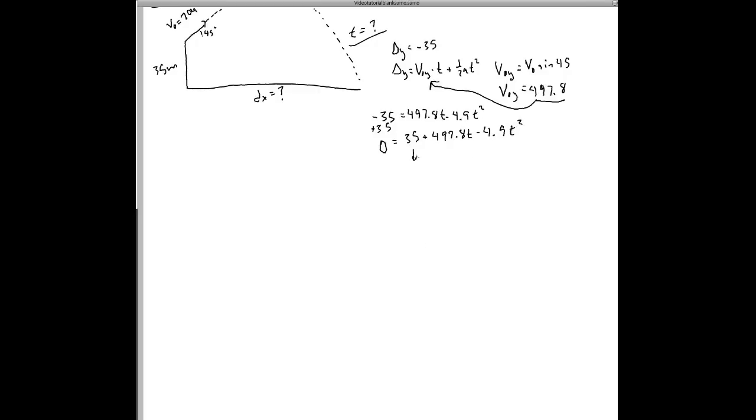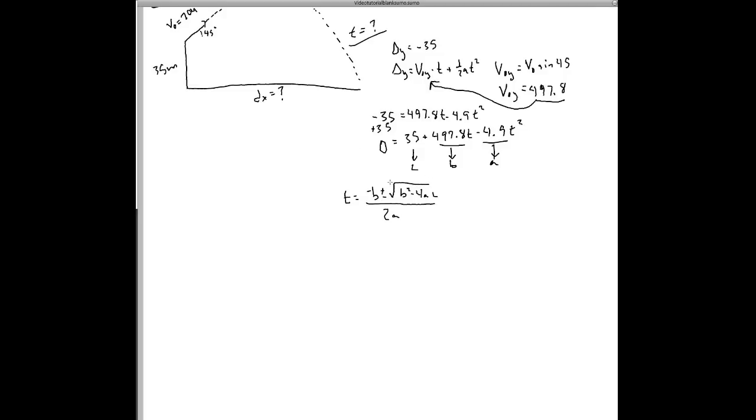So this 35 becomes your c variable, the 497.8 becomes b, and negative 4.9 becomes a. So t equals negative b plus or minus square root of b squared minus 4ac all over 2a. Sorry, I had to change the rhythm there because my pen has trouble keeping up with the tempo that I like to sing that song.